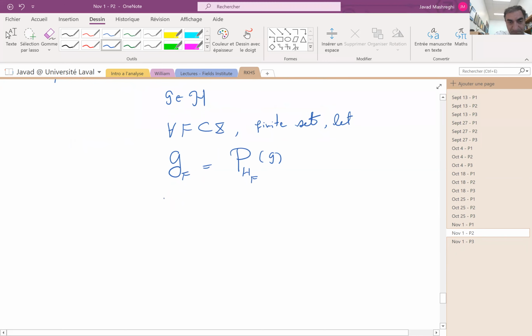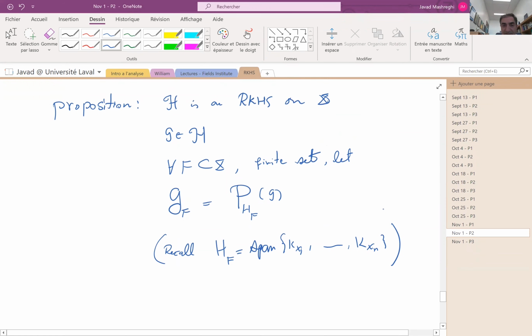Again, recall HF is the span of kx1 up to kxn, the finite set x1 up to xn.